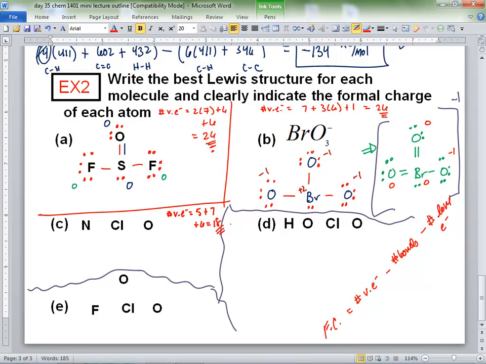Anybody figure out a possible answer for C? I think there are 2 ways to get all zeros on C. One way someone found was with a triple bond. I tried to put the octet on everything. Well, you need 18 electrons first.